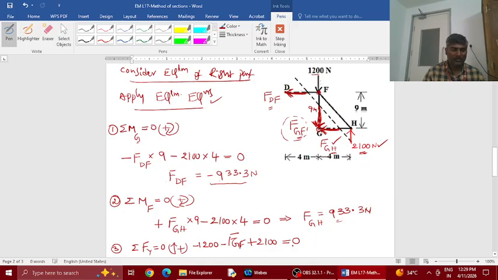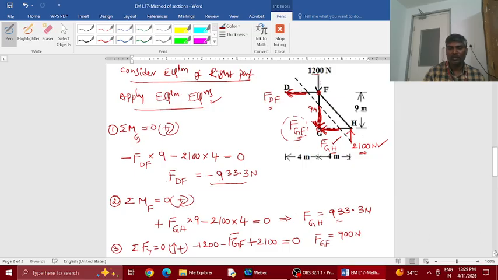So we have the F_FG force equal to 900 Newton, which is a positive sign, which means it is also in tension.